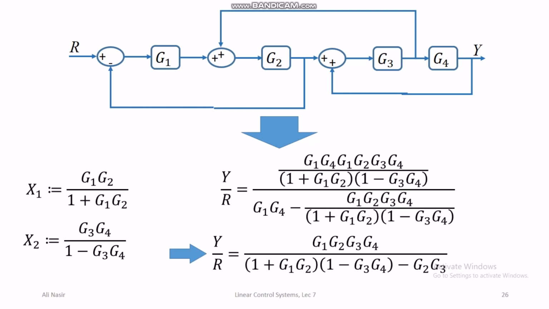So here not only have I taken the LCM in the denominator, but I have also cancelled out the term g1 g4 from the numerator and the denominator. So I have done two simplifications in one step on this slide.